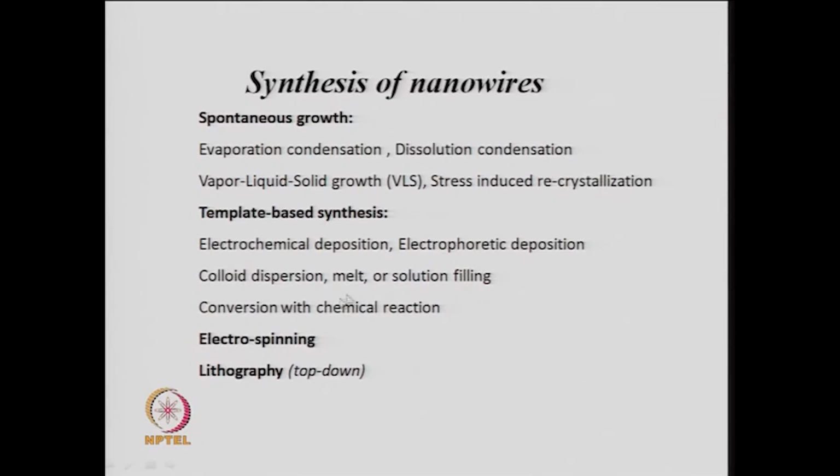and of course, there are other methods also, which we will not be discussing to a large extent, like the electrospinning method, which is used a lot in the textile industry, where they draw fibers or nanowires of fibers which are used for textiles. Electrospinning is a very popular route of making nanofibers, and it can make a very large amount of nanofibers in a reasonable amount of time.